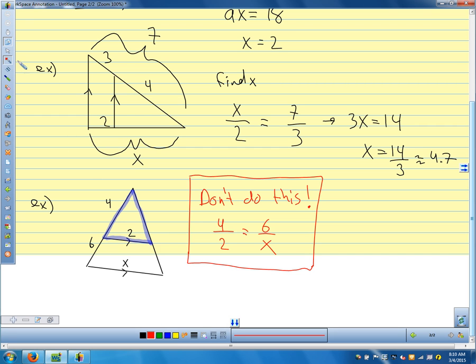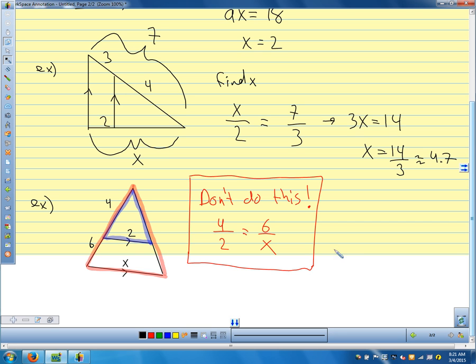When I'm comparing the 6 and the x, I'm comparing two sides of a trapezoid. I want to compare sides of triangles. So I need to compare sides of those two triangles.